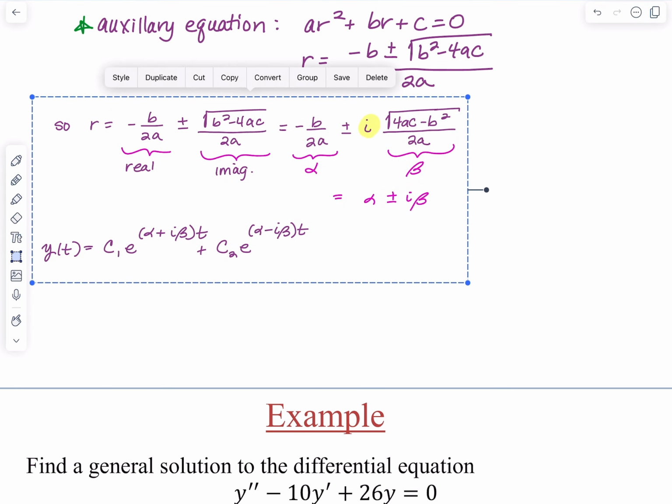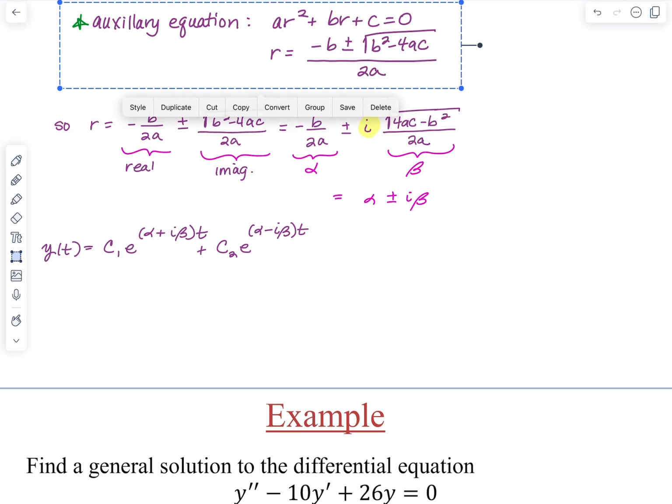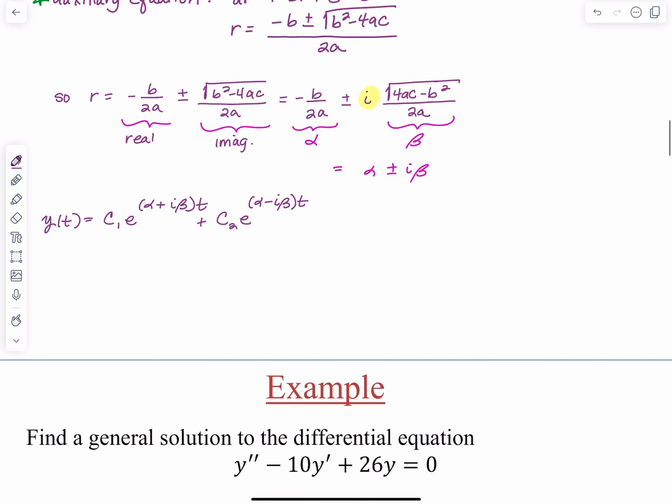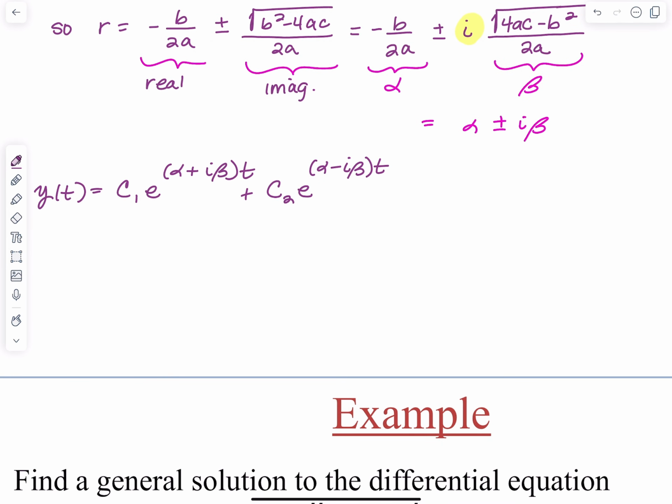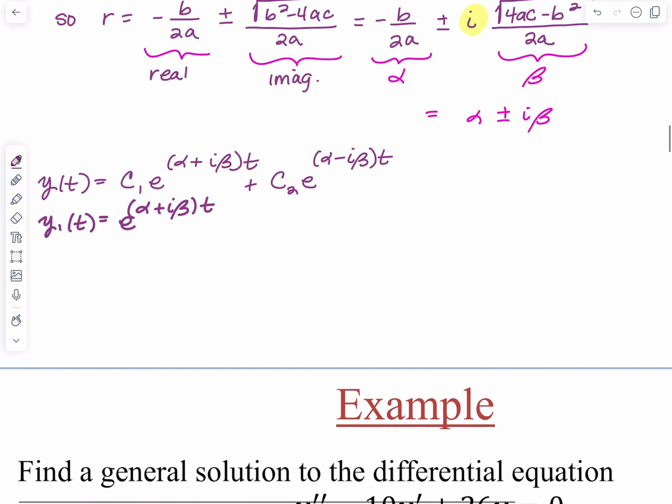So what we will do is now go ahead and take a look at just this y1 of t. So if we look at y1 of t, we could say that that's e to the alpha plus i beta times t, which is equal to e to the alpha t multiplied by e to the i beta t.